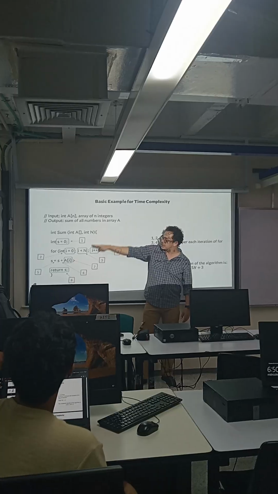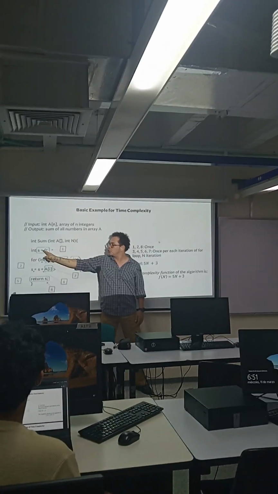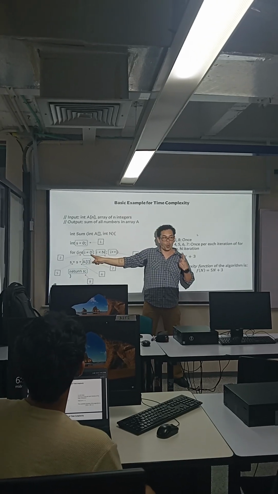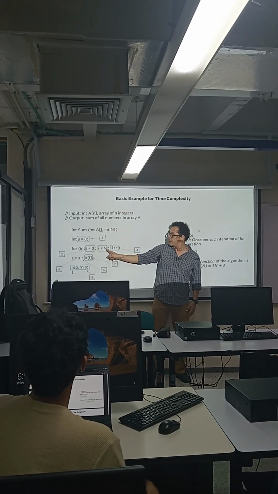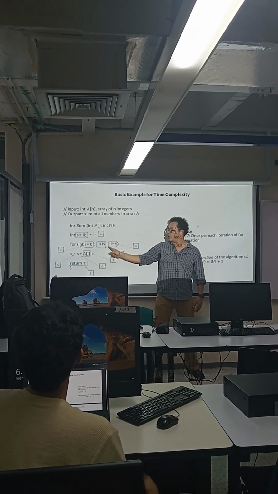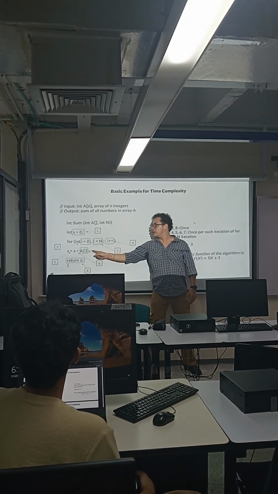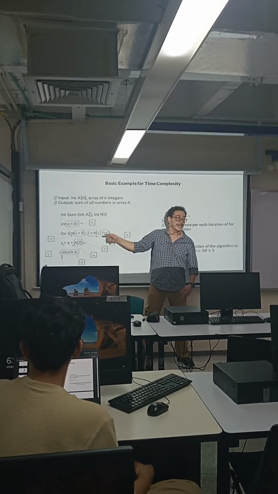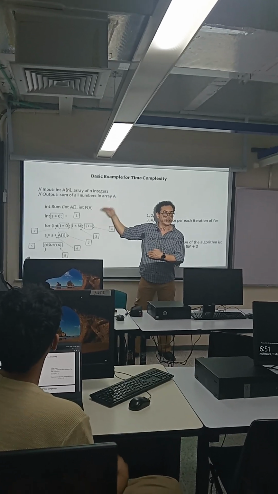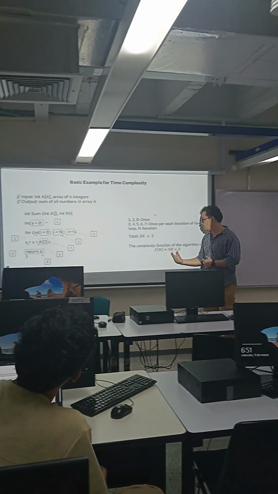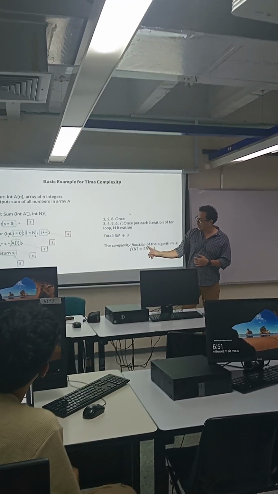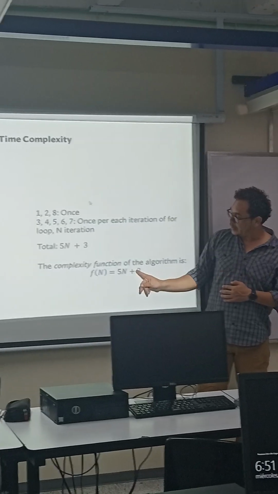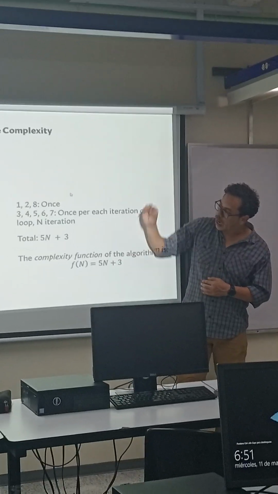For example, if this is the algorithm, this instruction executes one time, this instruction executes one time, but the other instructions inside the loop will execute n times. Then, if I sum the instructions, we can define a function like that, because this is the number of instructions inside the loop, and this is the number of instructions that we have alone.